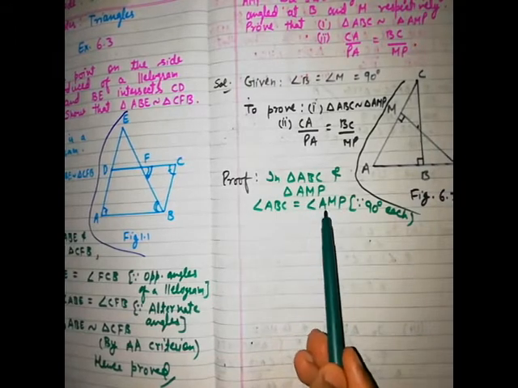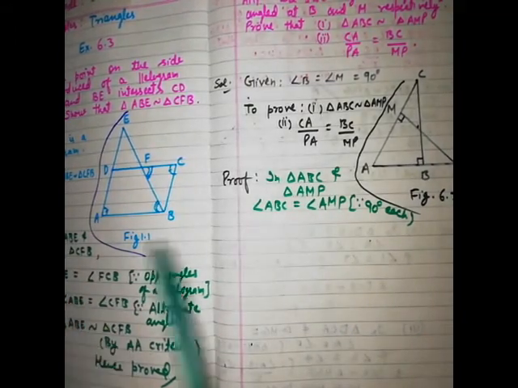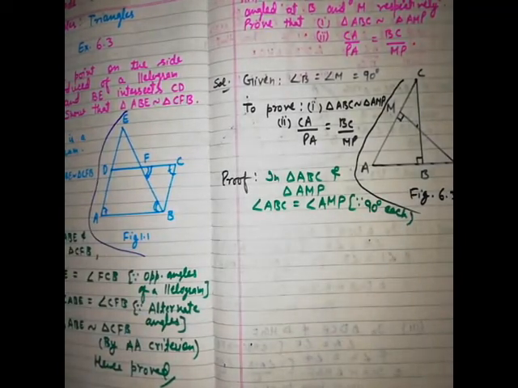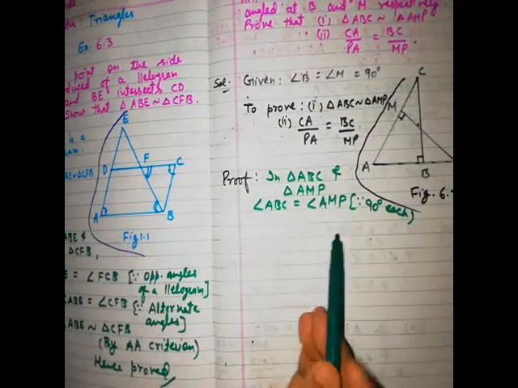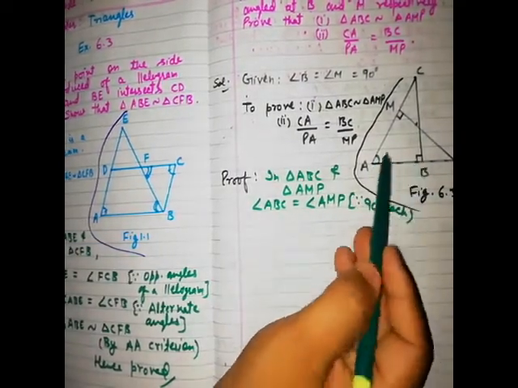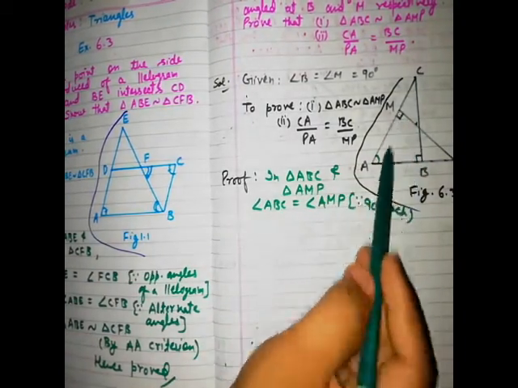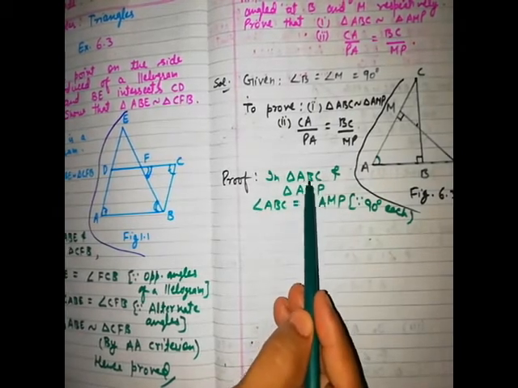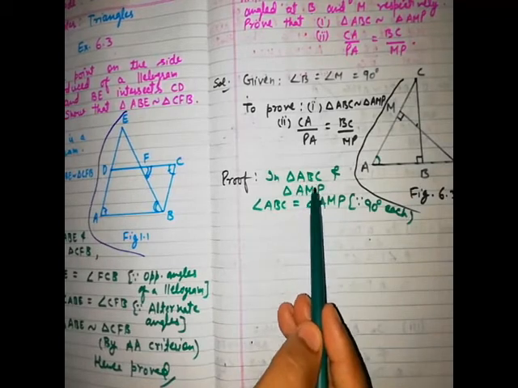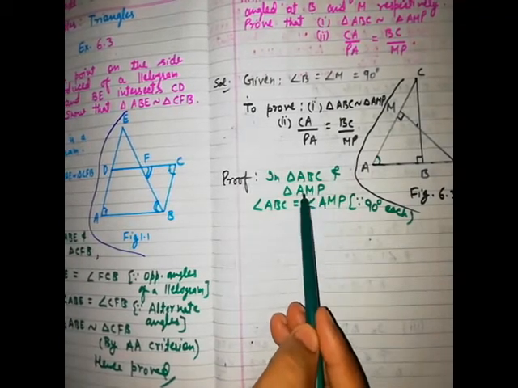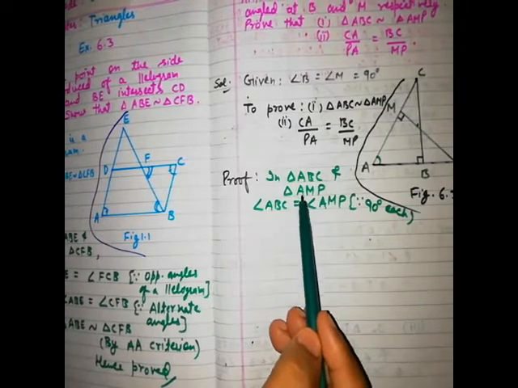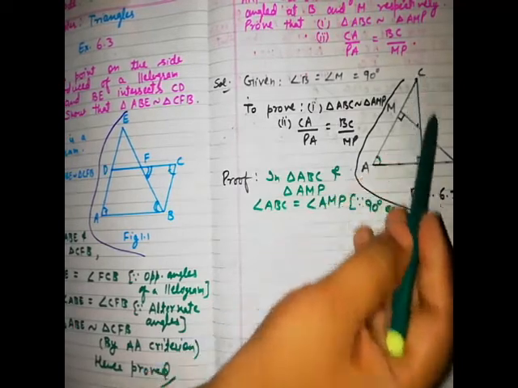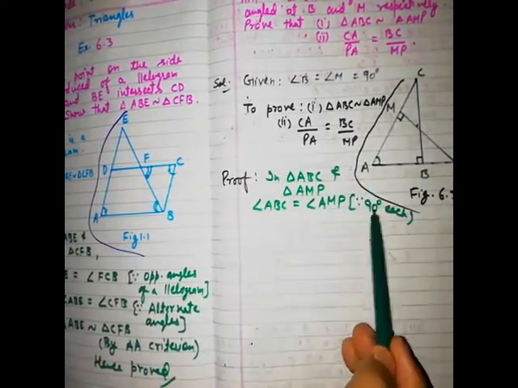The first angle which we will be proving equal is 90 degrees each because these two triangles are right triangles, and the other angle which we will be proving equal here is this angle BAC and MAP because this is common. First of all, we will be taking angle ABC, angle made by first, second and third letter, equal to angle AMP, angle made by first, second and third letter of triangle AMP, and these are right angles, ABC and AMP, 90 degrees each.